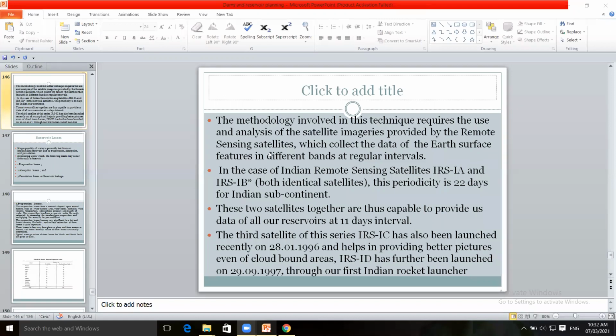The sedimentation and the capacity of the reservoir are observed at the site of the dam or at the site of the reservoir.